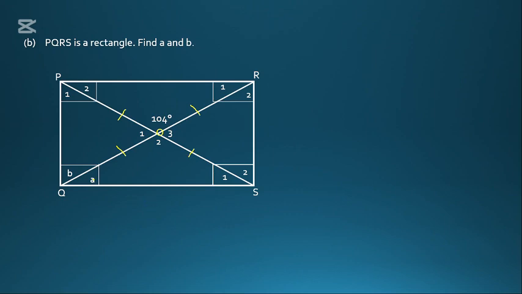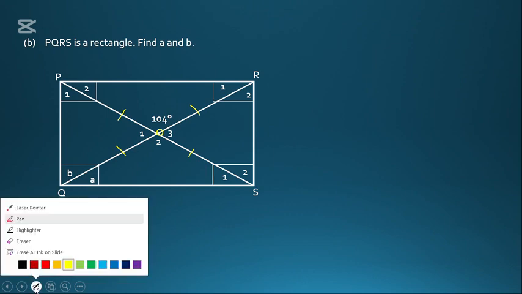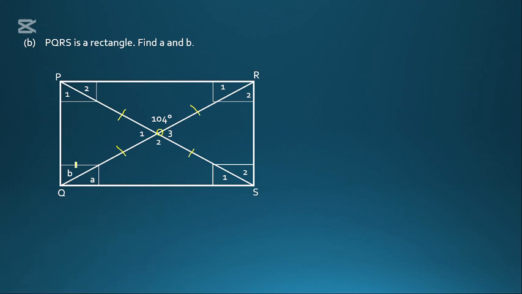Now you must find A and B. I have 104 here, so I'm going to use a triangle. Let me just highlight it. I'm going to use this triangle here because I can see it's possible to get to the answer right over there.